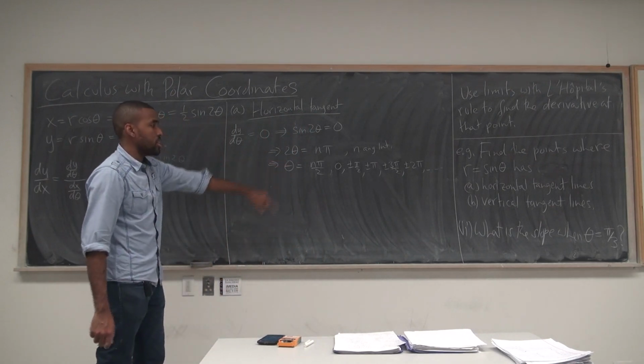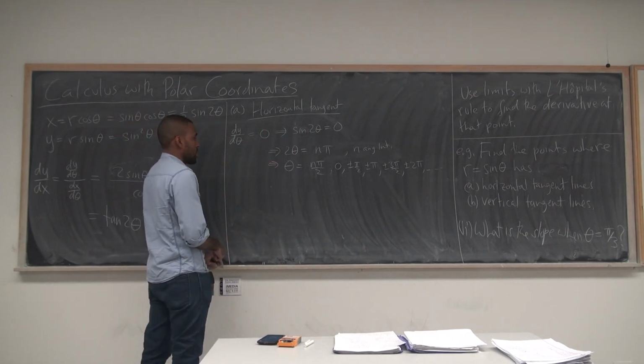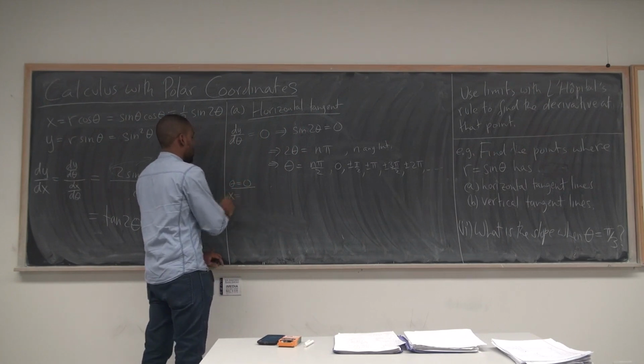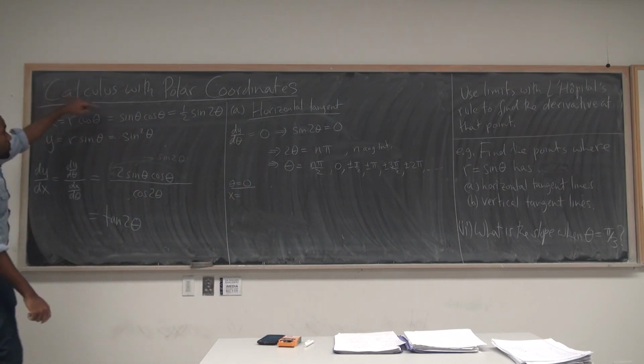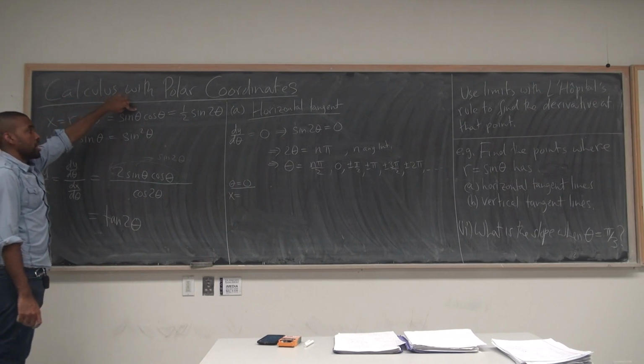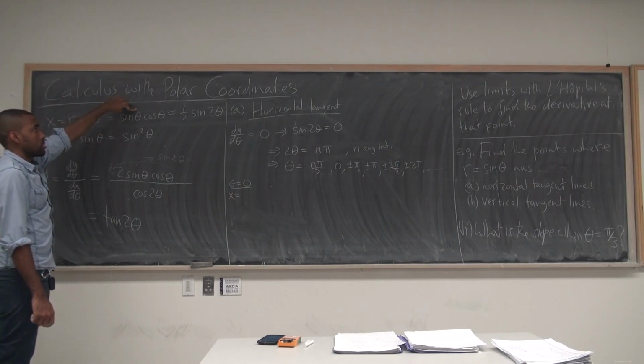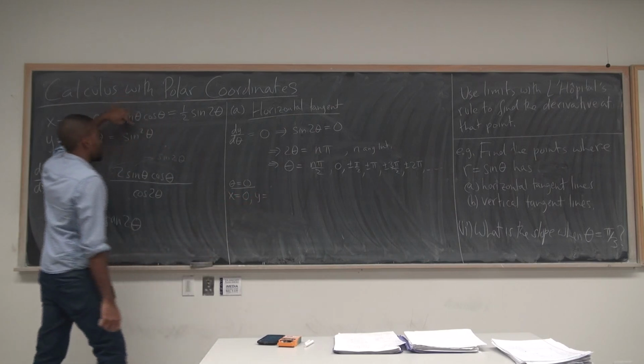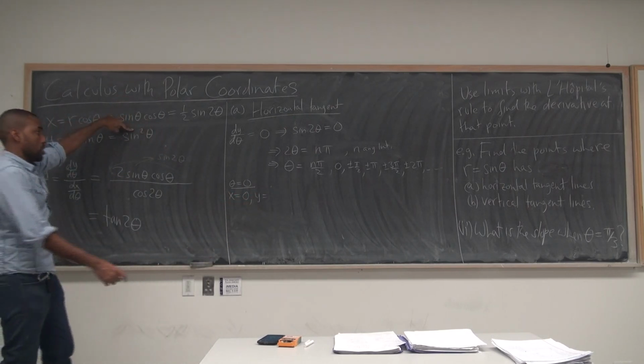Let's figure out what the points are. So I know these are my theta values, which means start picking one. So let's say theta equals 0. This means my x is what? If theta is 0, what is my x? 0. What is my y? It's also 0.